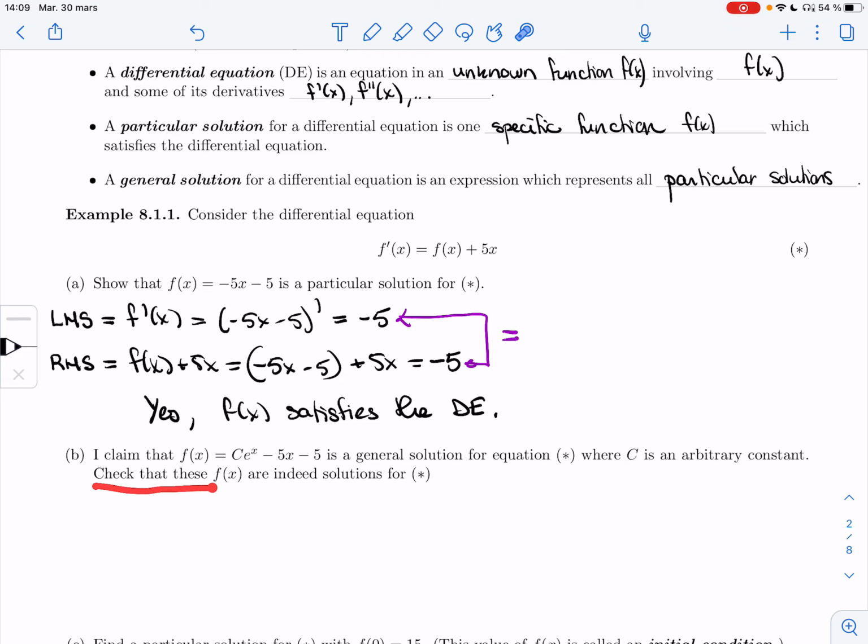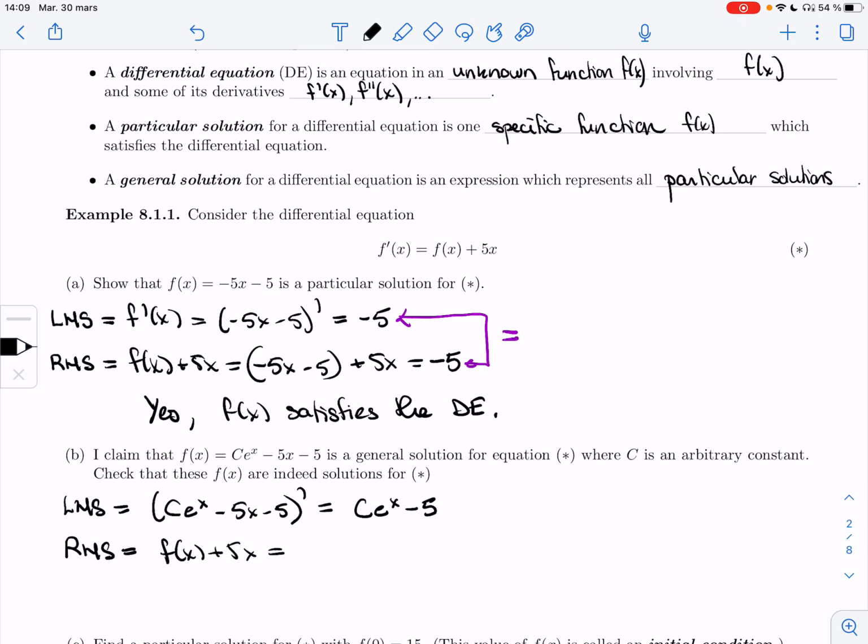So I want to check that for any value of c, f of x is indeed a solution. I'm going to check it the same way I did above. It's just that now my function has this constant that I don't know. When I differentiate it, I get c e to the x minus 5. For the right-hand side, I take minus 5x minus 5 and add 5x to this.